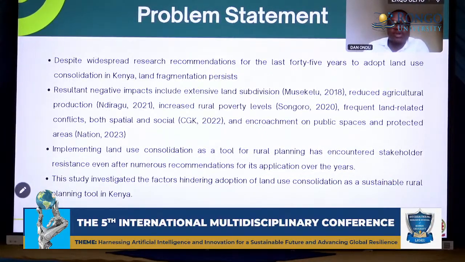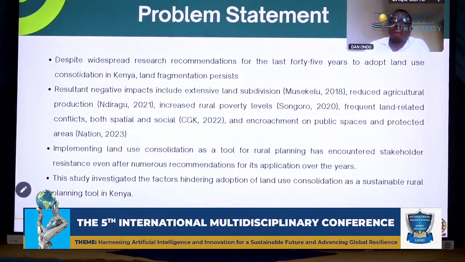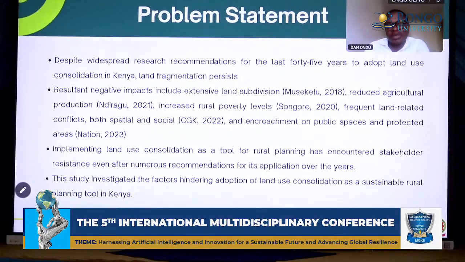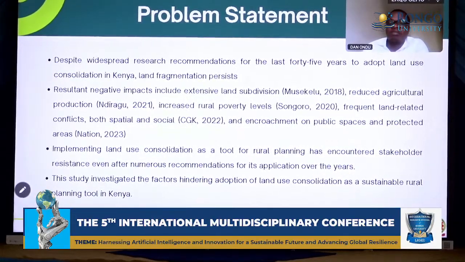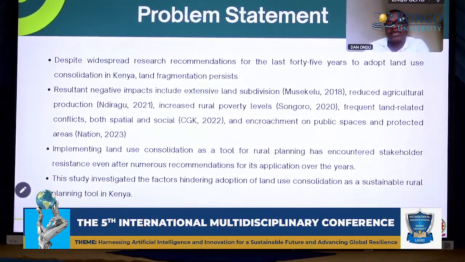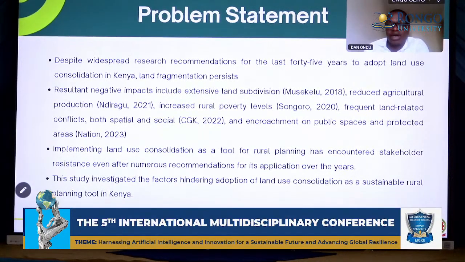Now, the problem statement for this study reads as follows. A lot of research recommendations, a lot of government initiatives, and other policy documents agree that land use consolidation is the way to go in the face of rapid urbanization and population growth, but still it has not been well received within the communities in Kenya, particularly the agriculture practicing regions like Kisii.